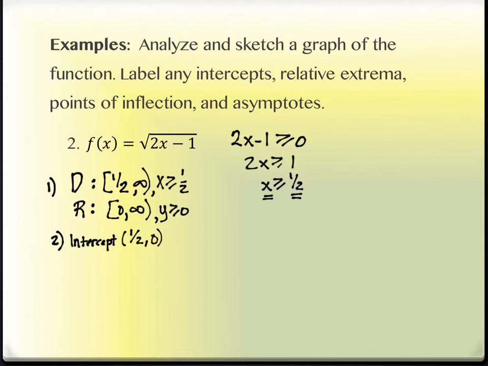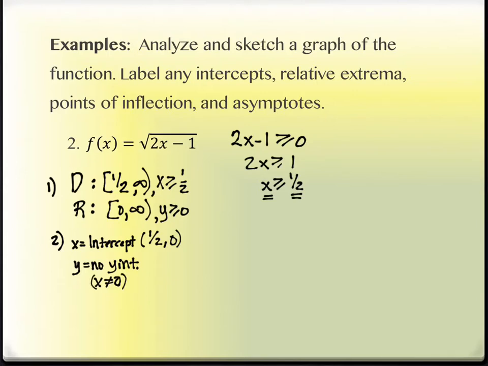So there is no y-intercept. So this is an x-intercept. I didn't write it up there that way. Remember, your x-intercept is where y equals 0, and your y-intercept is where x is equal to 0. So there is no y-intercept, and the reason is because x can't be 0, right?